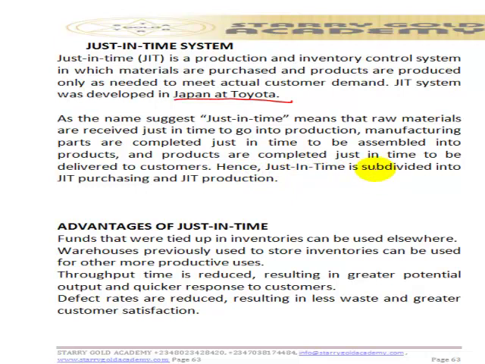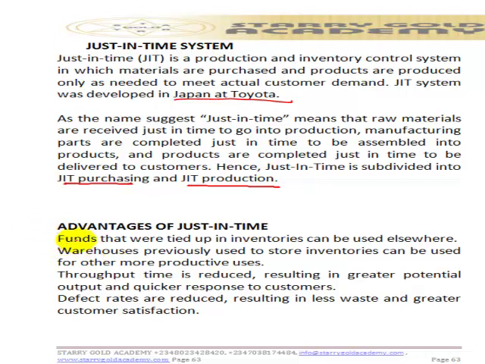Hence, just in time is divided into just-in-time purchasing and just-in-time production. We will discuss this in more depth when we move to one of the chapters in this course, but because it's one of the aspects of control levels, I don't want us to skip it.